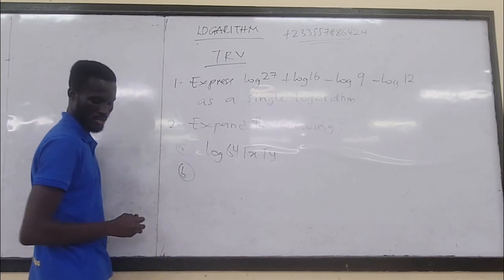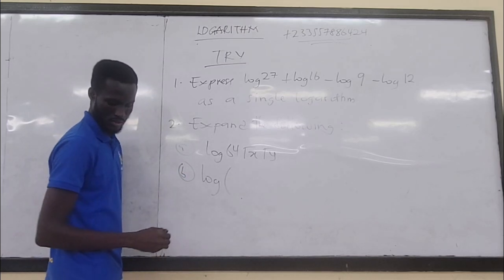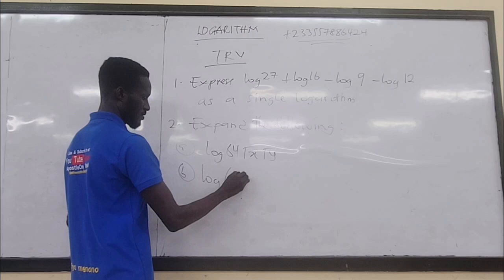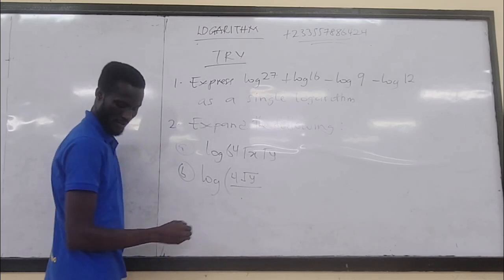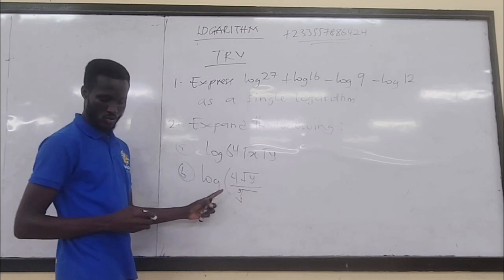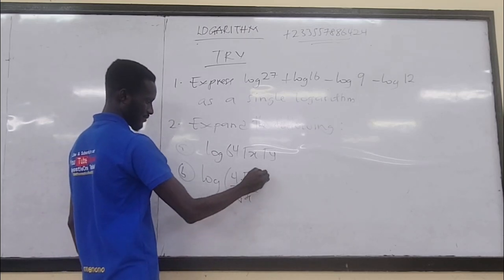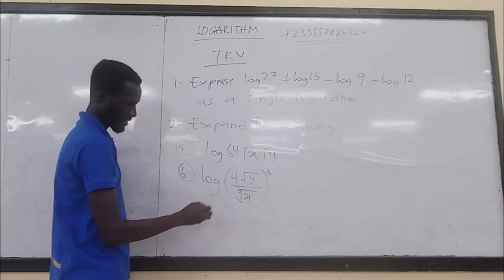Now B, we have log 4 root y divided by the cubic root of x. Now all have base 2.